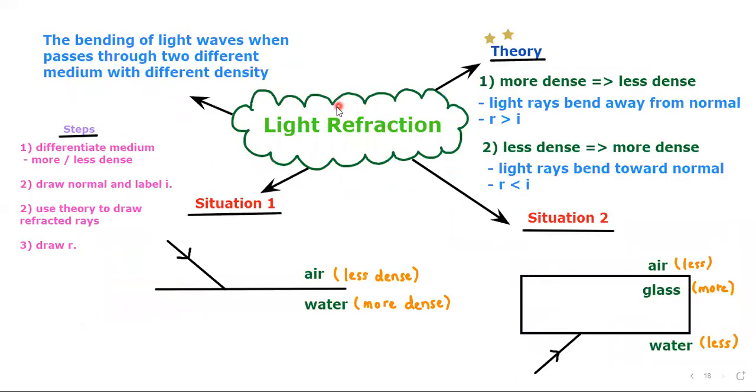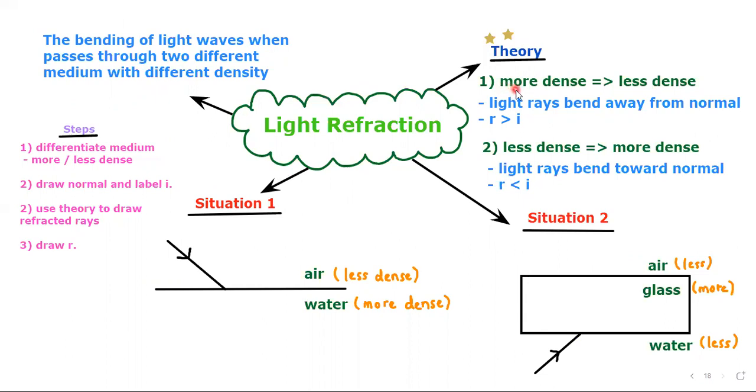Now we go to light refraction. So what is meant by light refraction? Light refraction is the bending of light waves when passing through two different mediums with two different densities. Based on the density, you need to know the theory which is already marked with the star here.